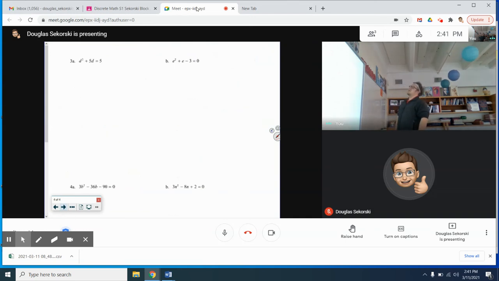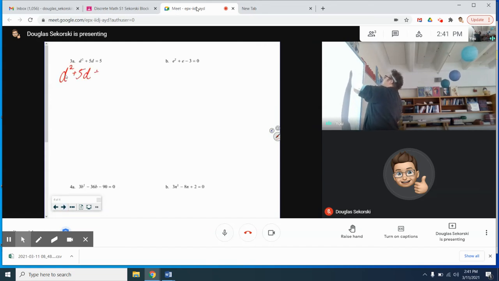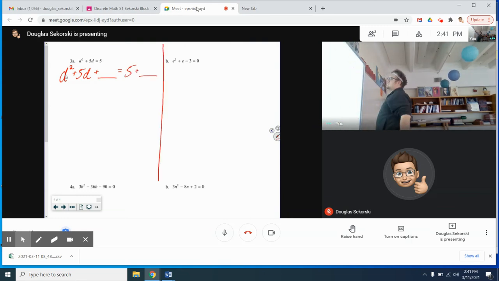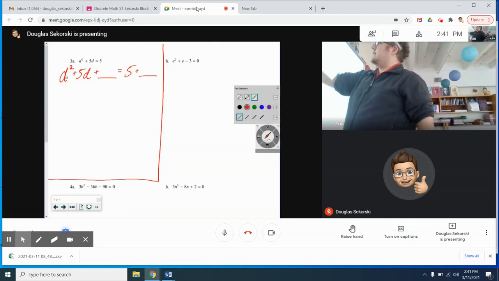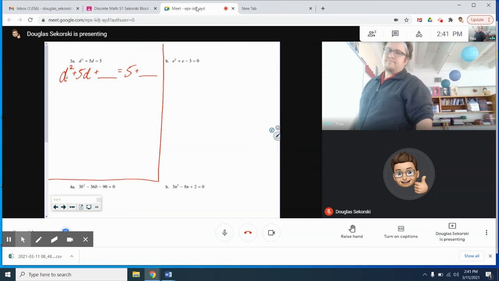All right. So here's the last two. We're going to do 4a and 4b in class, but I'm going to start off here with d squared plus 5d plus a blank, equals 5 plus another blank. He's going to make us do the fraction ones.